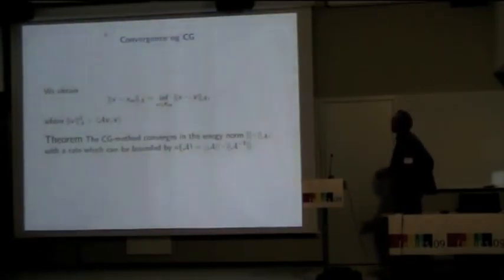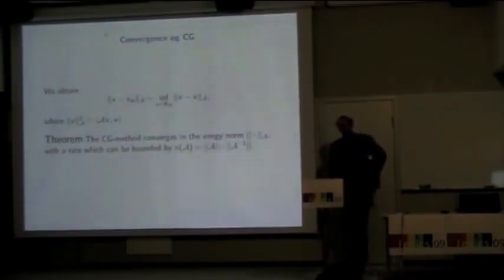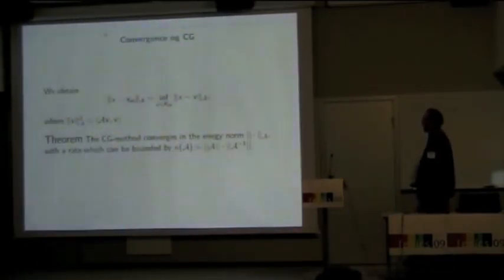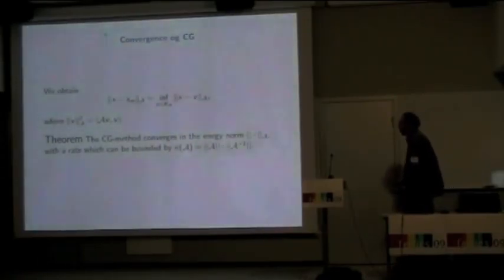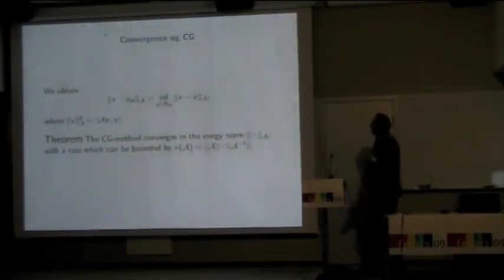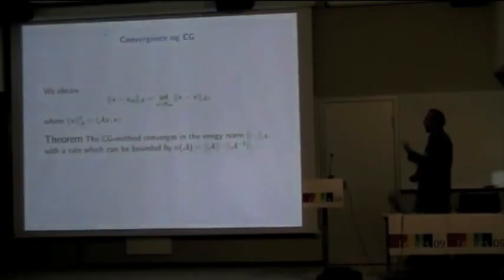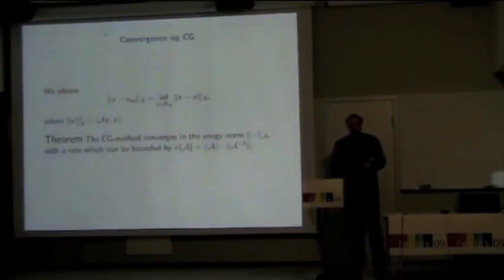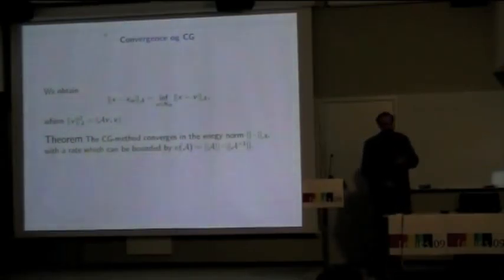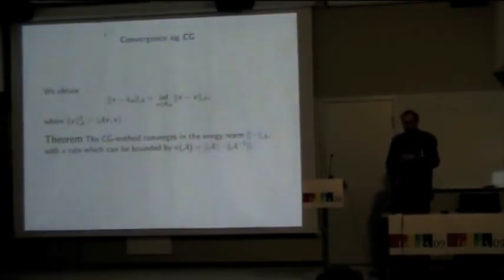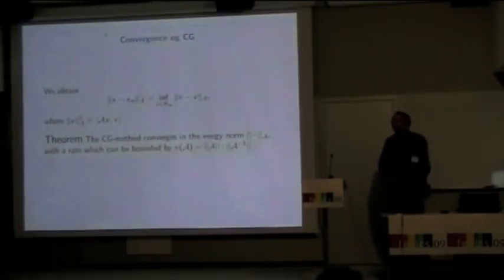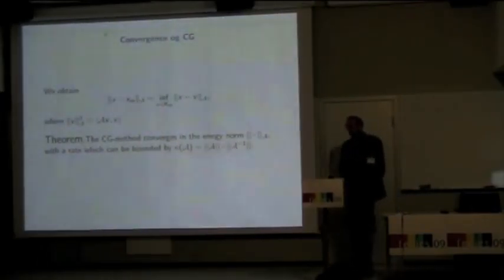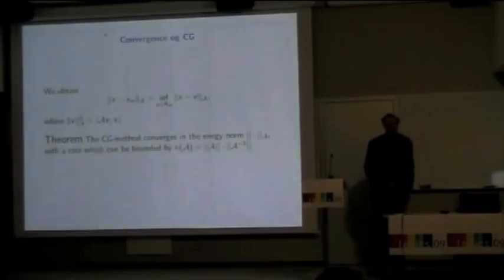And this conjugate gradient method has this nice convergence property that you can find in any textbook: in the energy norm, it converges with a rate that is bounded by the condition number. So if you have a good condition number, this at least gives an upper bound, and for some problems a realistic bound on the convergence rate of the method.